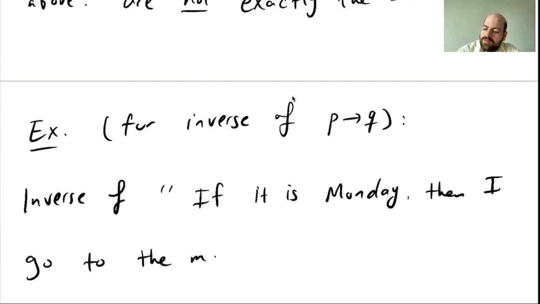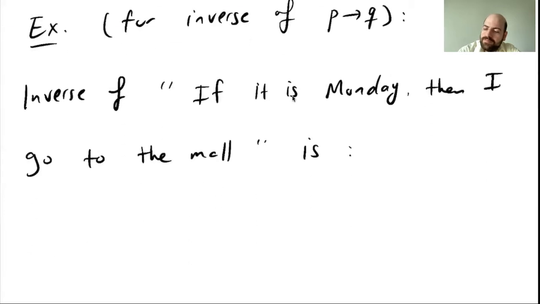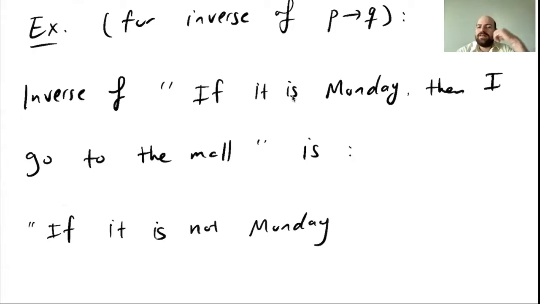Is, if it's not Monday, right? Let's recall ourselves. Inverse of P implies Q is negation P implies negation Q. So negation of if it's Monday is it's not Monday.